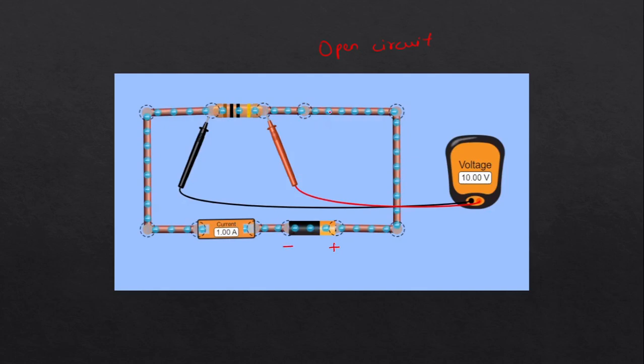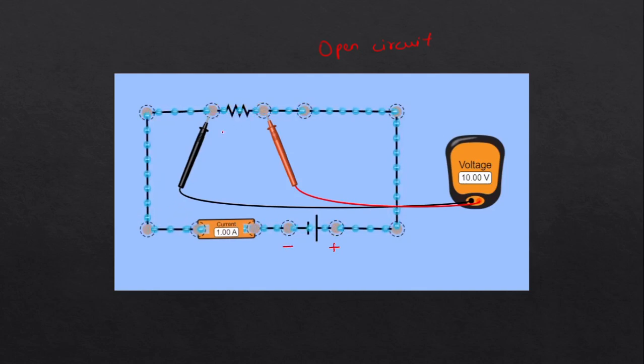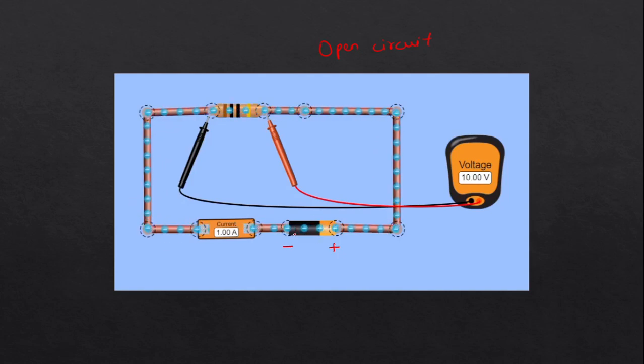But once I connect this circuit, once I complete this loop, the electrons will start to flow from the negative side of the battery to the positive side of the battery. So there will be a large concentration of electrons on the negative side compared to the positive side. But if someone asks you what is the direction of current, remember the direction of current will be from the positive side of the battery to the negative side of the battery.